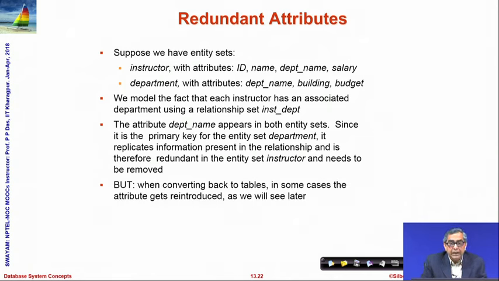But we will see the different cases when which style of design would be better, whether to maintain the department name as a part of the instructor relation, or not to have it there and have a separate relation which maps instructor ID against the department name.